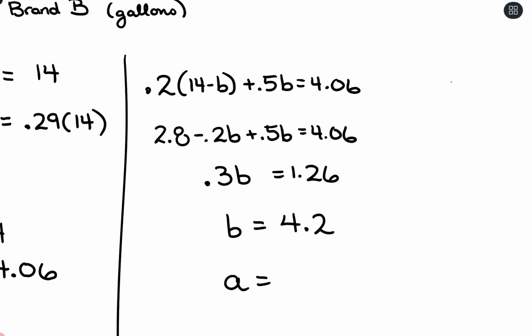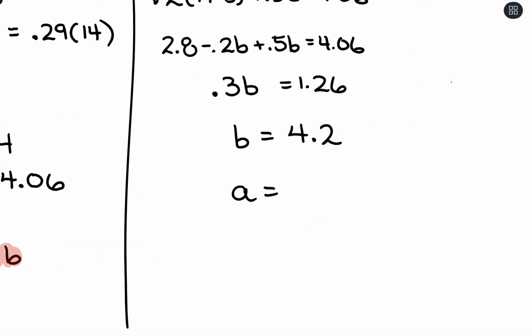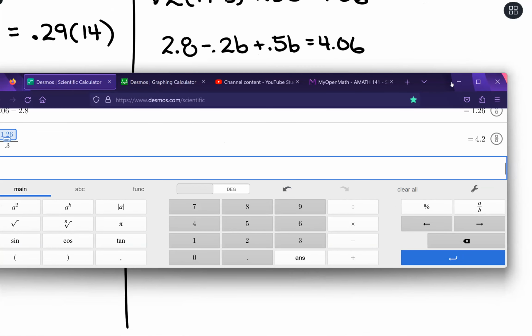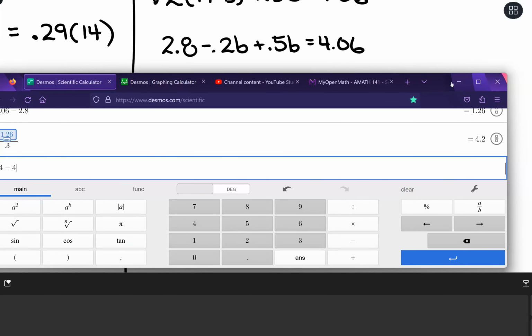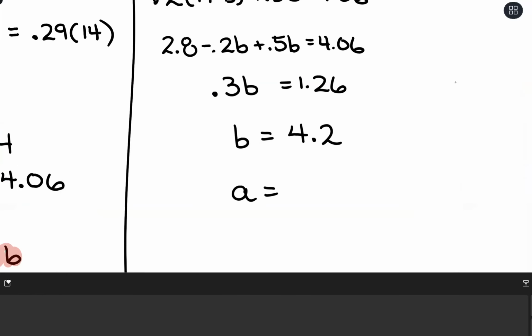And then A is going to be equal to 14 minus the 4.2 to give us 9.8.